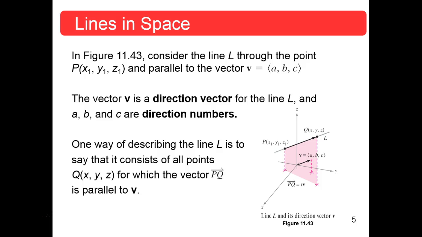I'm not sure what text you may have used before, but this author typically uses parentheses to represent points, the coordinates of a point. The angle brackets represent the components of a vector.